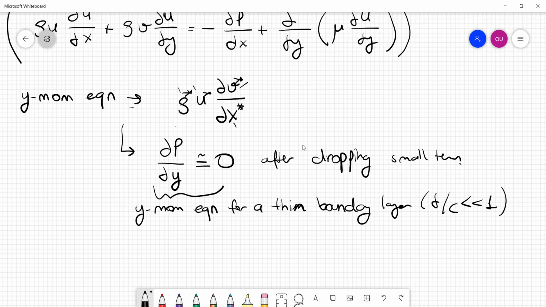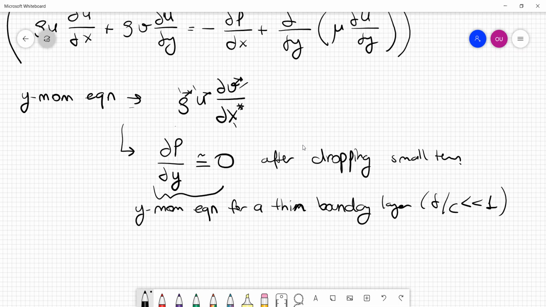So now we have three equations. Mass conservation, not changed. No simplification because of the thin boundary layer. X momentum equation, more or less the same. We only lost one term when we applied the thin boundary layer concept. The Y momentum equation almost entirely disappeared.